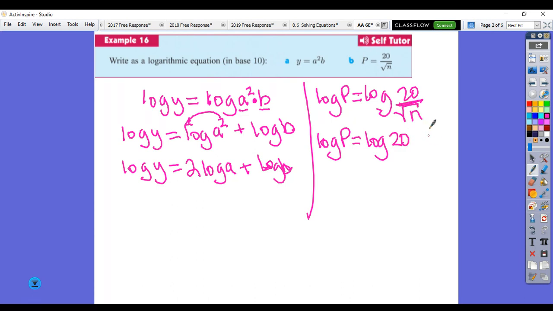Since I'm dividing, I'm going to subtract the logs, and I'm going to rewrite the square root of n as n to the 1/2 power, because this then allows me to move the half to the front. So that's one thing you really want to be comfortable with. If it's in the front, you might need to move it to the back. If it's an exponent, you might want to move it to the front.